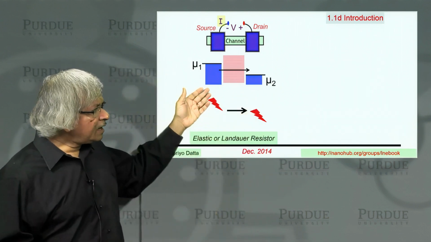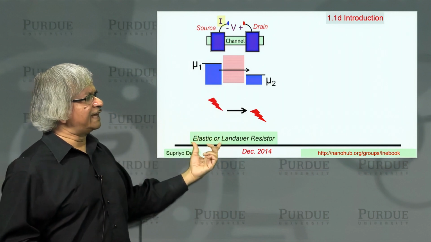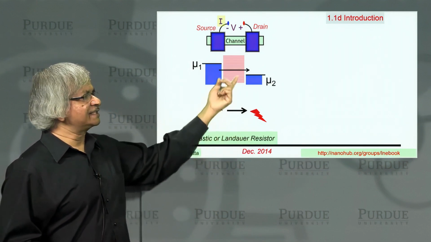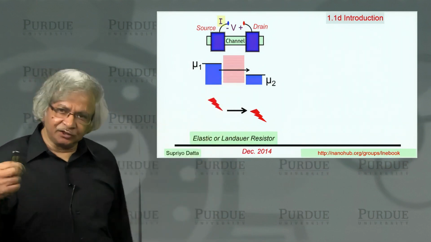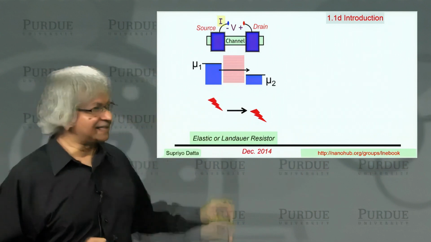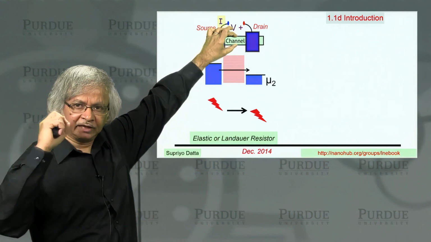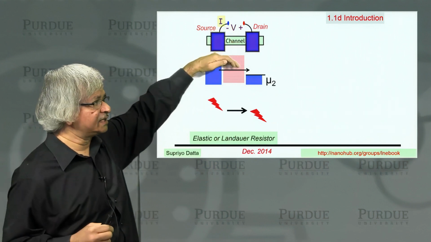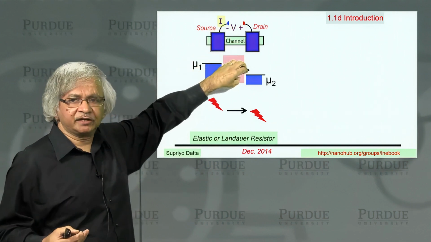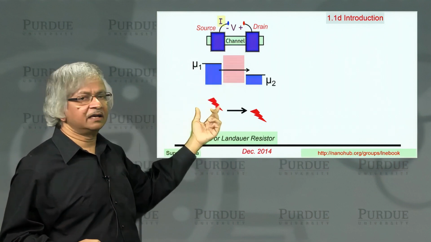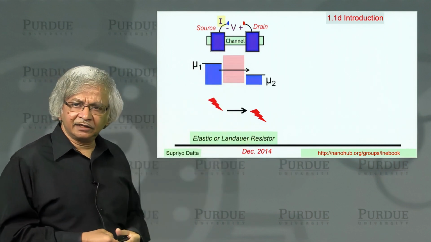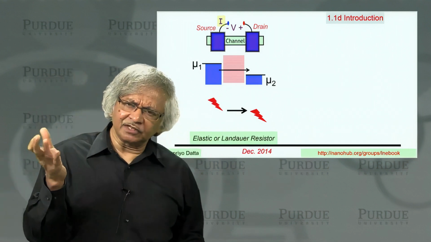So this is what I'd call an elastic resistor. Elastic in the sense that the main channel, the narrow bottleneck part, determines the resistance, but the heating associated with that resistance occurs in the contacts. And for ballistic transport, that kind of sounds natural.